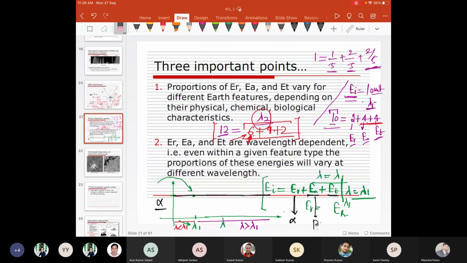Let's say we consider an ideal case where the proportion in which the incident energy is divided by the material into 3 parts is independent of the wavelength. What will the alpha versus wavelength curve look like over here?